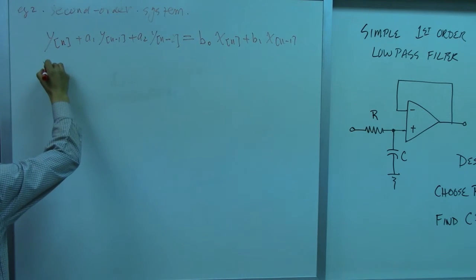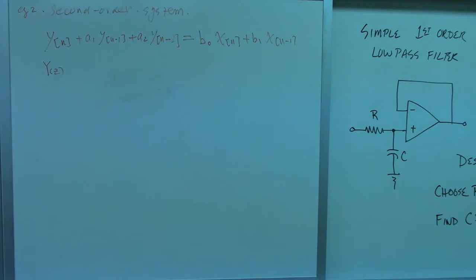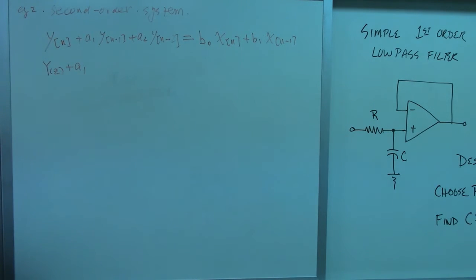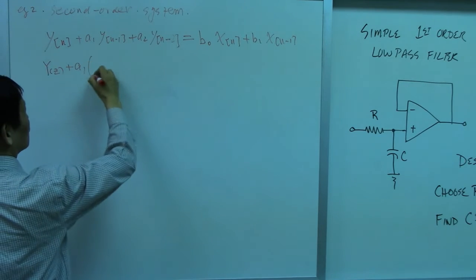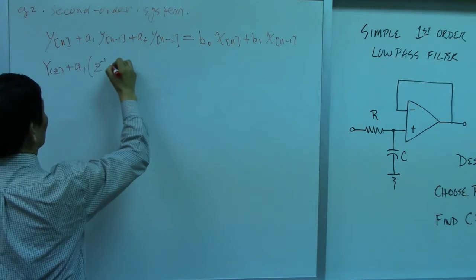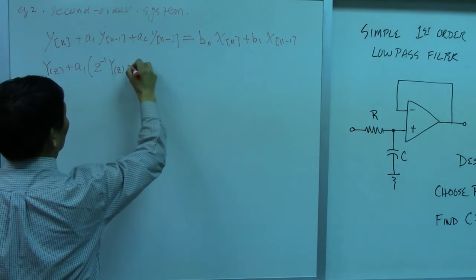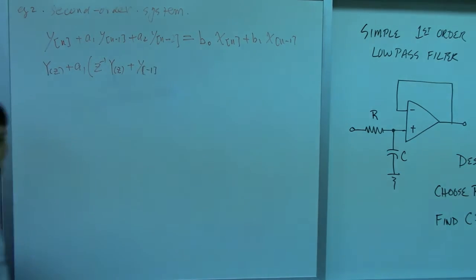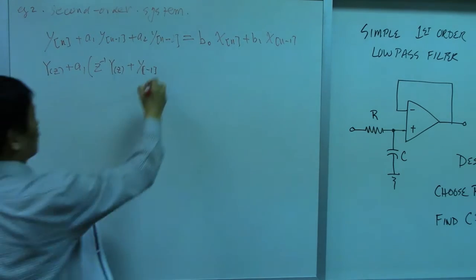This one will be Y(z). Then here, a1 is a constant, and here we have z to the -1 Y(z), plus y[-1]. This is the initial condition. So that's it for this term.